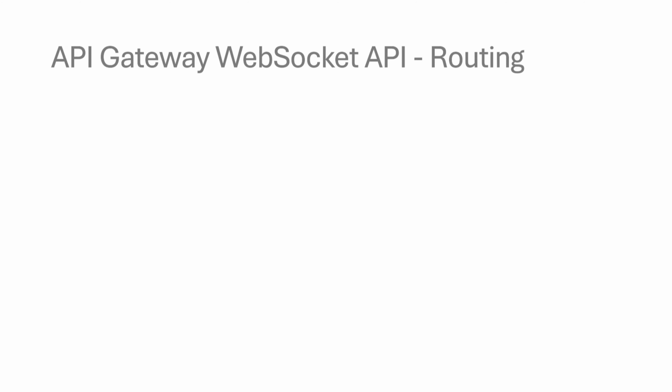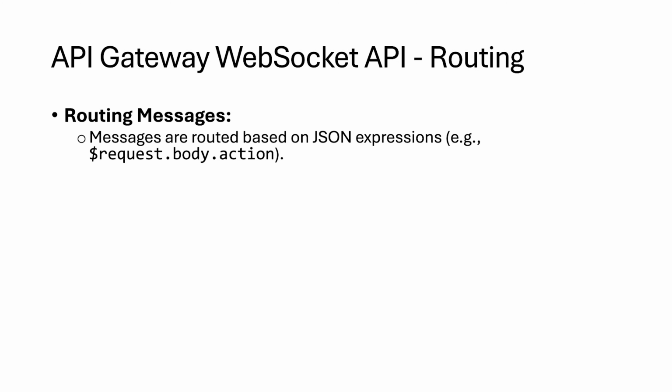Moving on to the next slide, which is routing. API Gateway also supports message routing. Okay, and how can we achieve that? By setting a route selection expression. So you will have a JSON expression like this, for example $request.body.action. Any incoming messages can be directed to specific routes based on the action defined in the message.